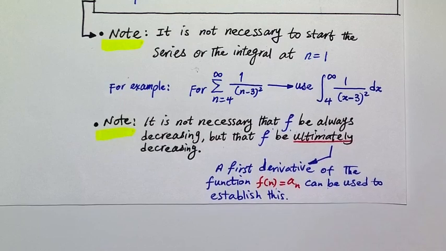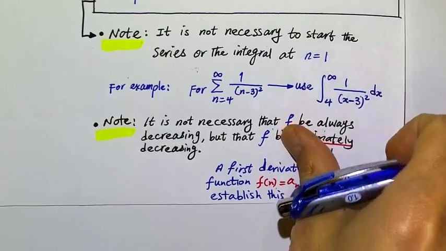We learned in Calculus 1, using the first derivative test, that if the derivative is less than 0, then the function is decreasing over the same interval. But that goes back to the first derivative test.